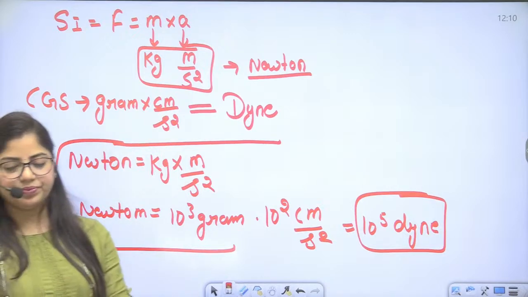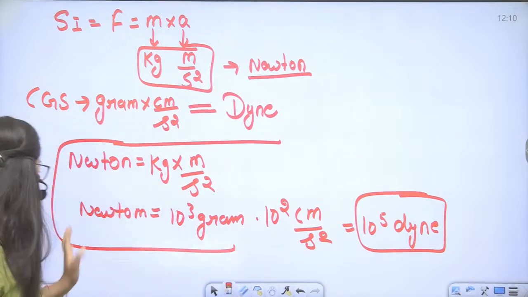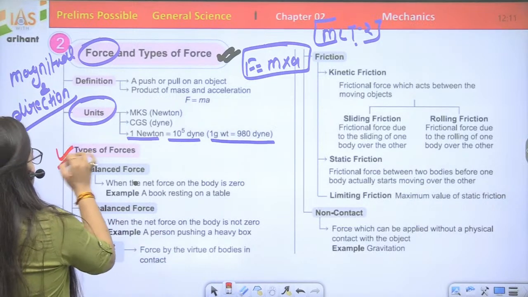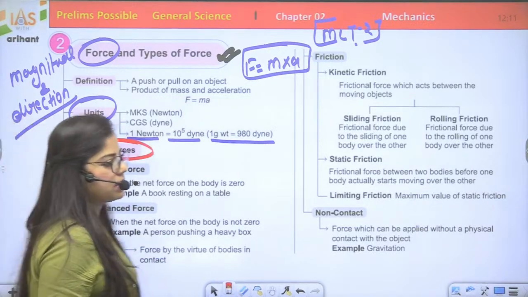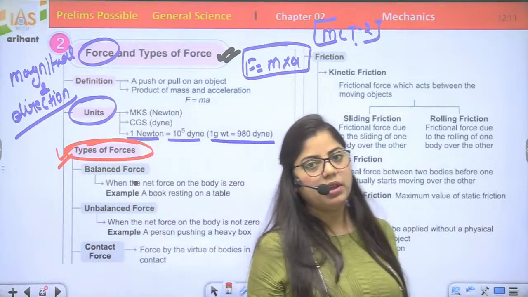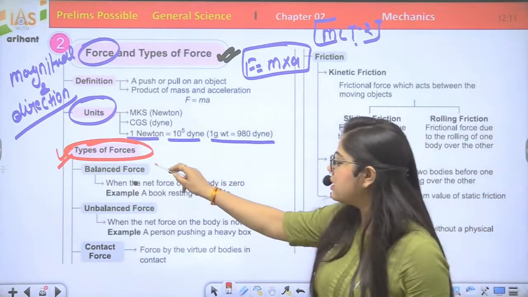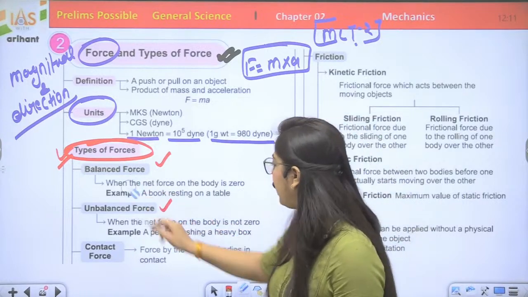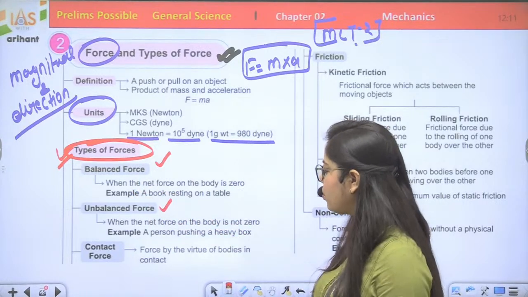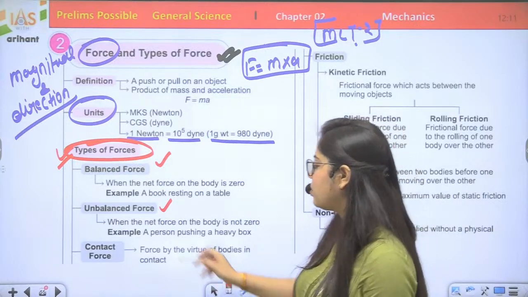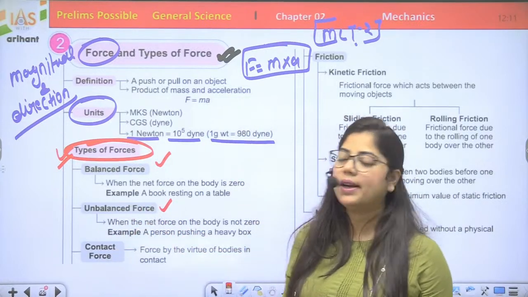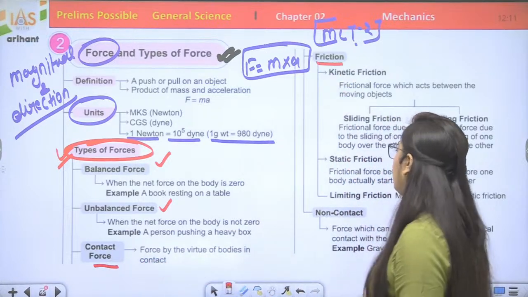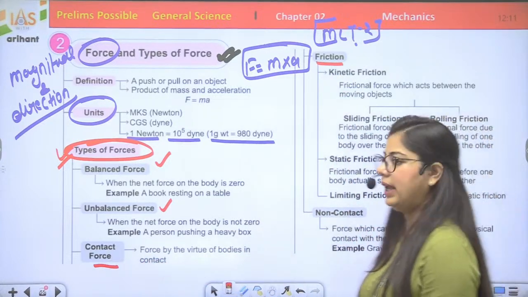Right? Now comes to the topic, types of forces. Forces have types like balanced force and unbalanced force, and it is further divided into contact force, friction, non-contact force, like this.